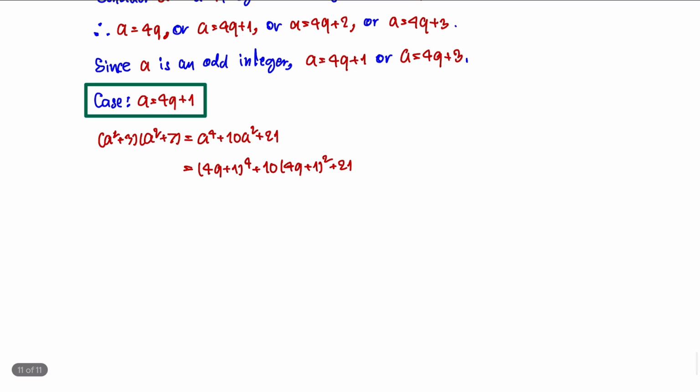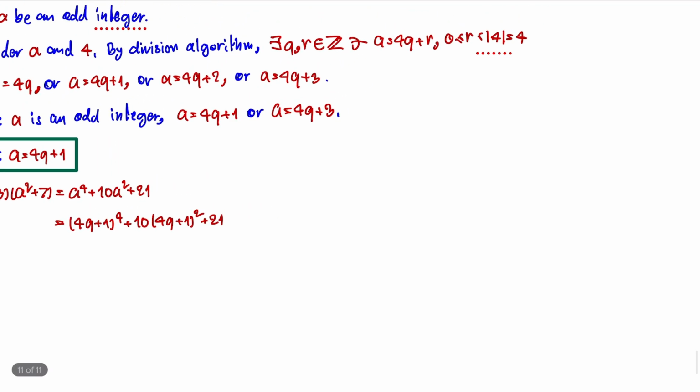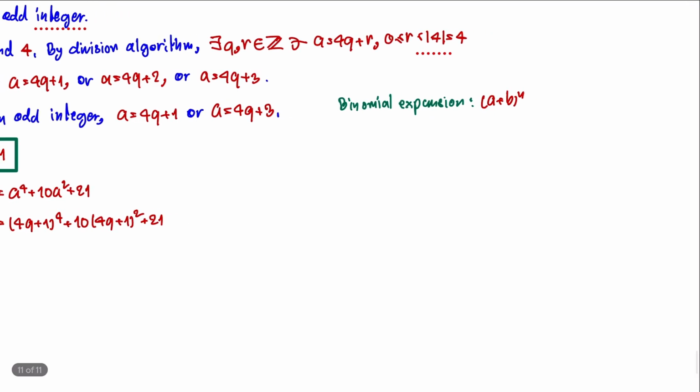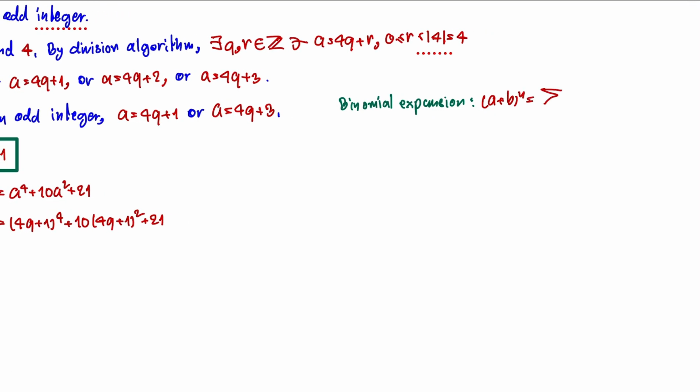Then you will use binomial expansion on this term. Do not forget binomial expansion. What is binomial expansion? You have (a plus b) raised to the power of n, which is the summation from r equal to 0 to n of n choose r, a raised to the n minus r, b to the r.